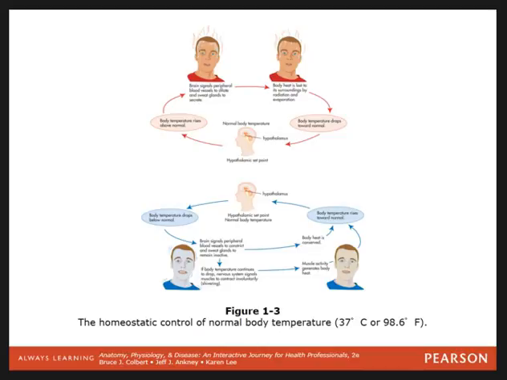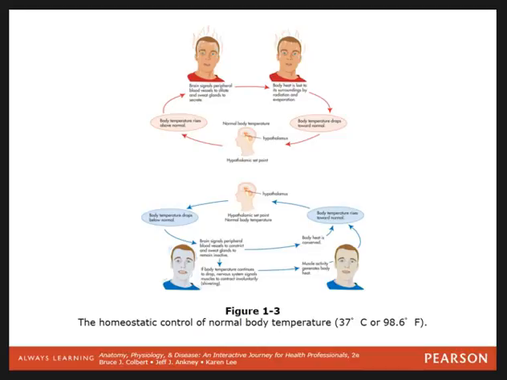Now, if we're cold, we need to protect our vital organs and make sure that we have warm blood to keep those operating properly. So we want to conserve that blood flow. When we're cold, we want to take the blood away from the surface of our skin. The blood vessels will constrict and keep that blood more internal.